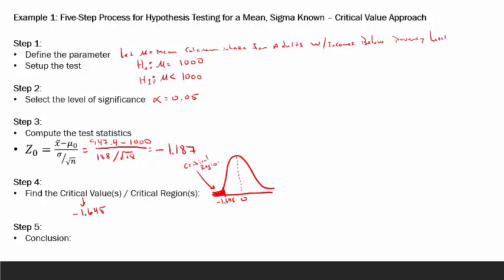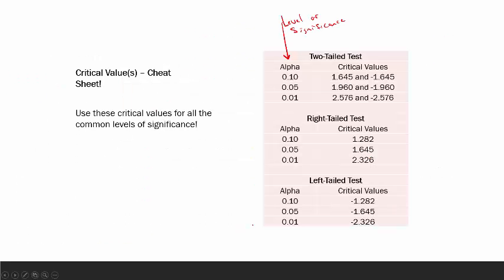Now what you need to do is treat this as a number line. Here's 0, here's minus 1.645. My test statistic is minus 1.187, so that's kind of right here. Ask yourself, is it in the critical region? It's not going to go past negative 1.645, so it's not in the critical region.